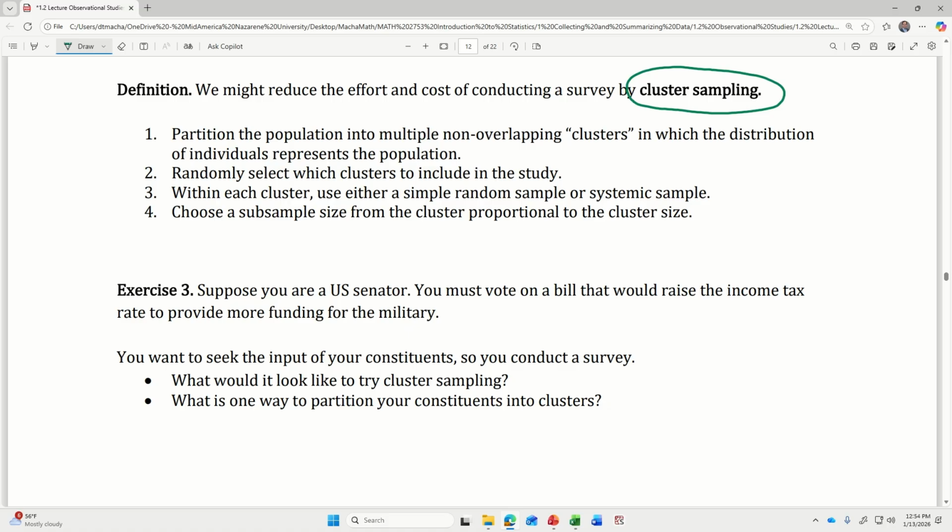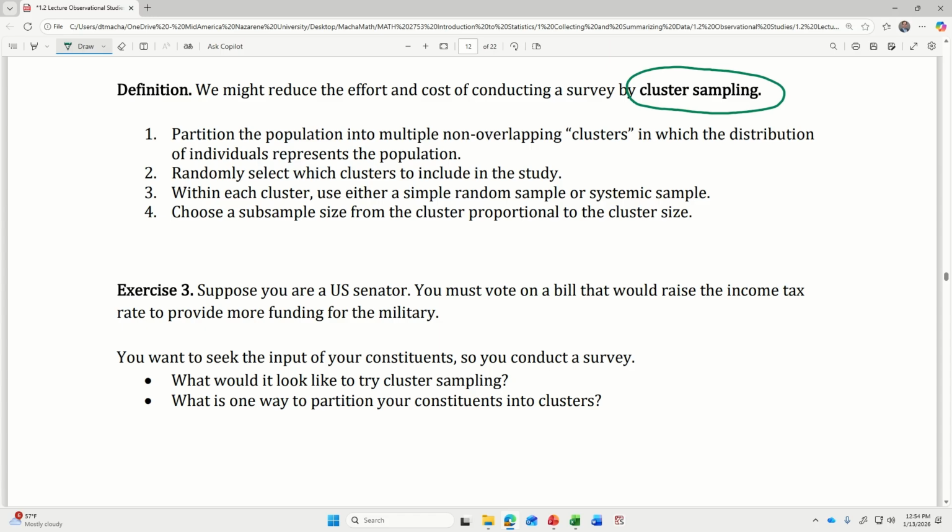So if you're a US Senator and you're trying to make life easier on yourself, one of the ways you could cluster sample is by taking your big region that you're supposed to represent and break it up into cities and towns, right? Each city would be a cluster. Each town would be a cluster. And then instead of traveling to every single city and every single town in the entire region, you don't.